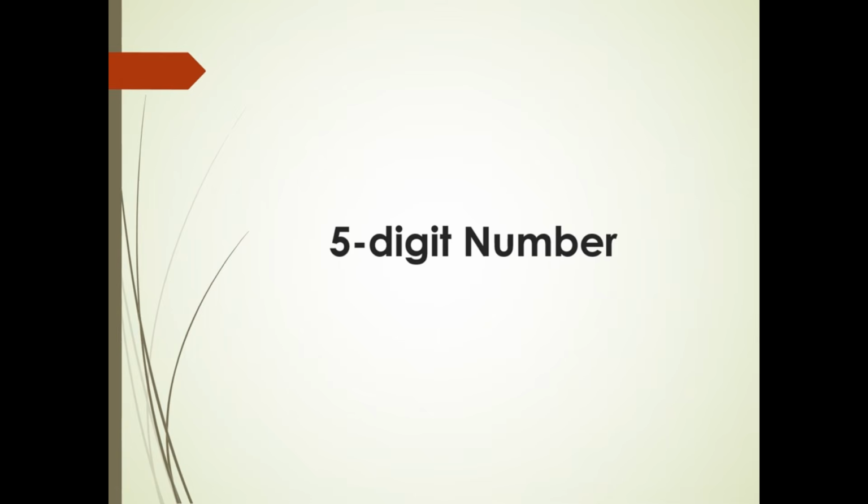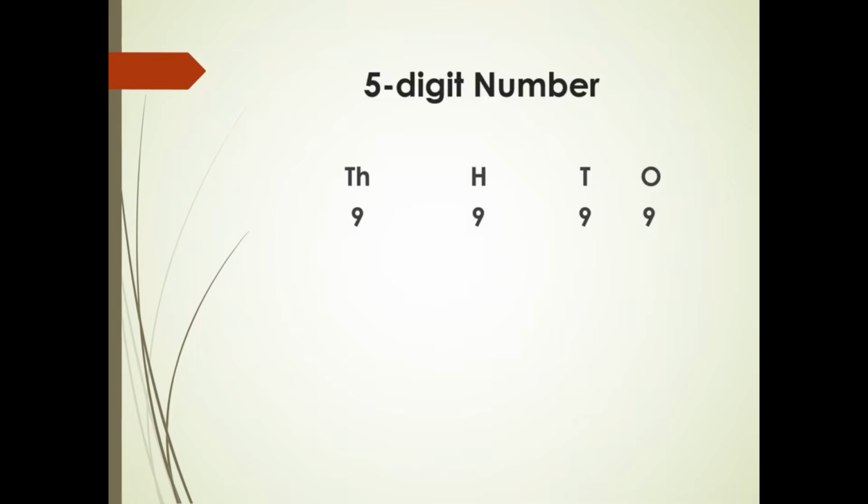Let's move on to 5-digit numbers now. We will build a 5-digit number from the highest 4-digit number, just like we did with a 3-digit number and turned it into a 4-digit number. The highest four-digit number is 9,999.